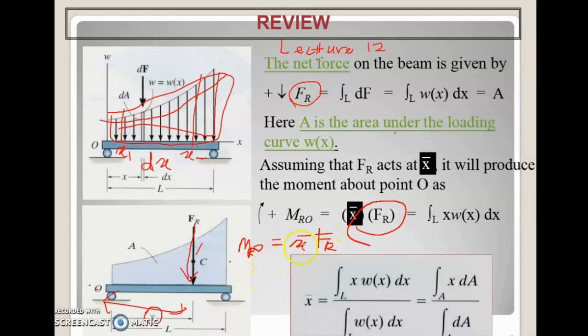Okay, so we can rearrange the equation to find the x bar. What is x bar here? x bar is equal to MR over FR. So substitute your MR with these equations, and your FR previously with this one.